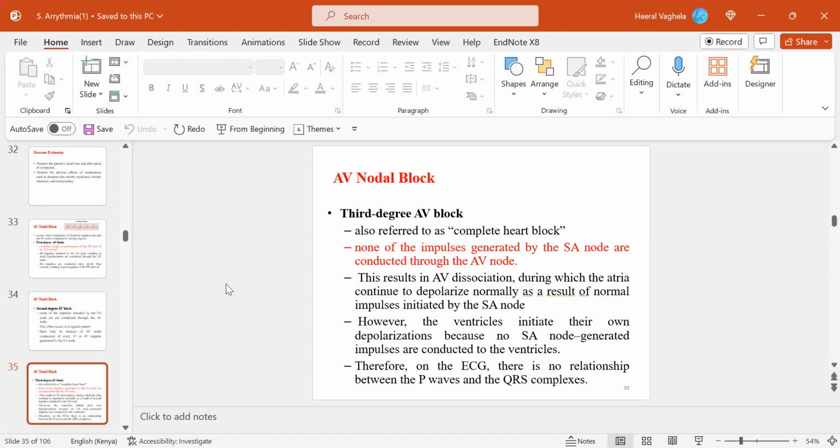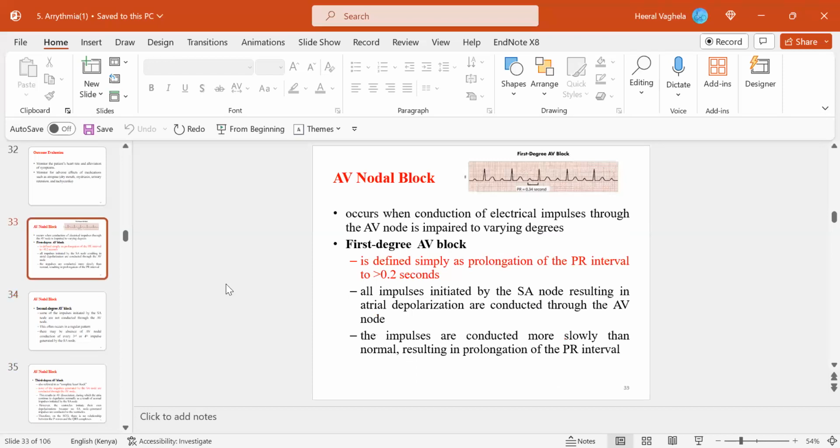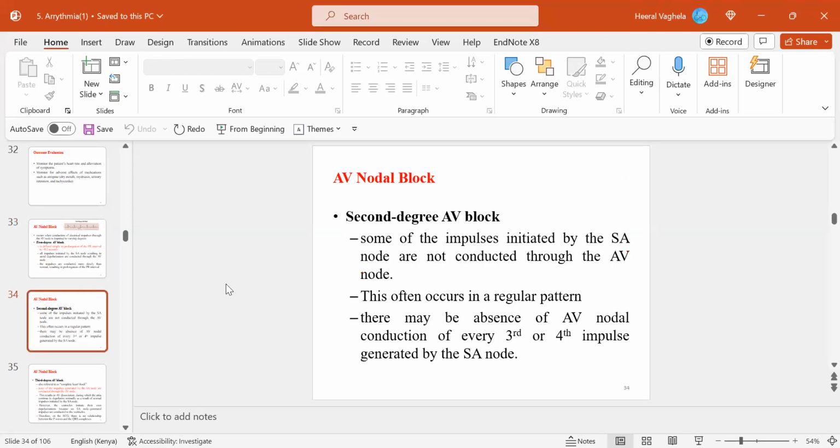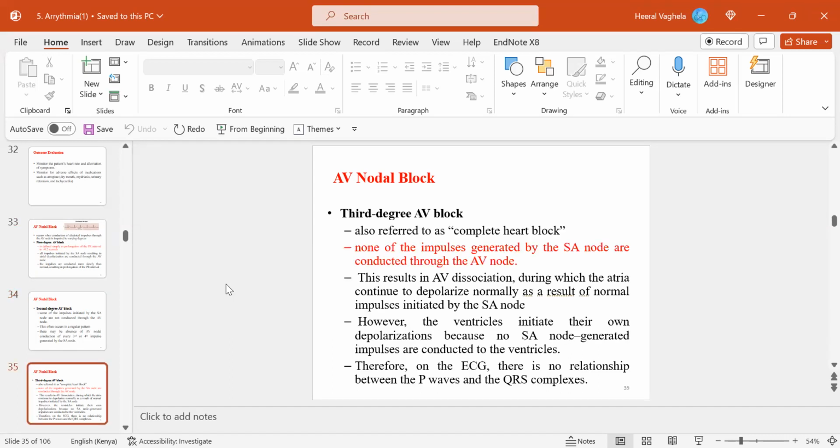So that's third degree block. So first degree is just prolongation of the PR interval. Second degree is just that not all the impulses are conducted by the AV node, and third degree block is there are no impulses conducted through the AV node at all.